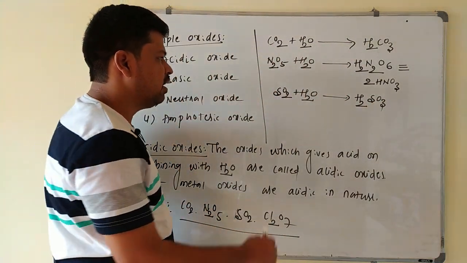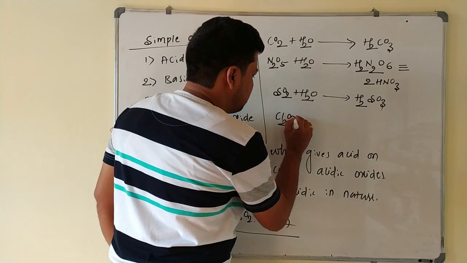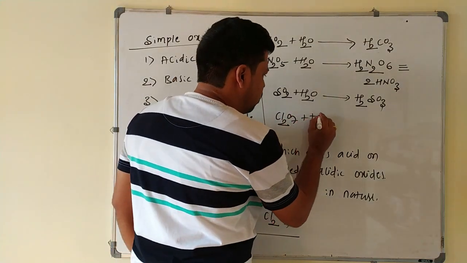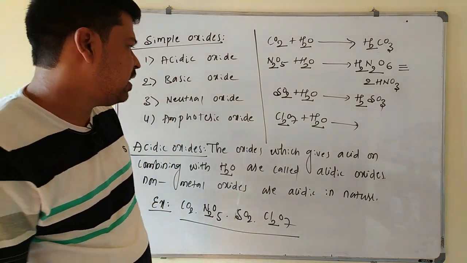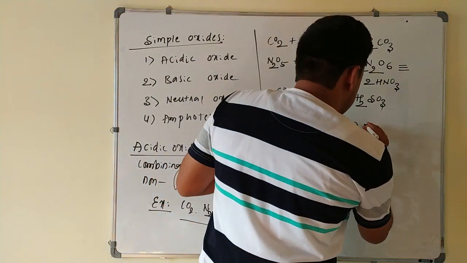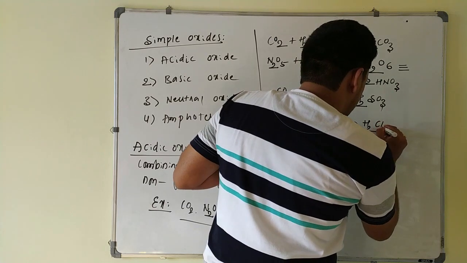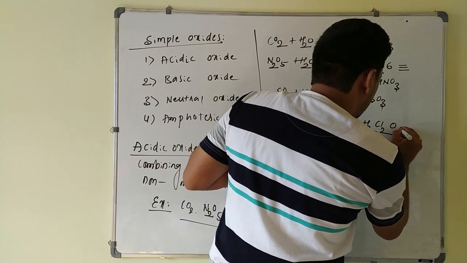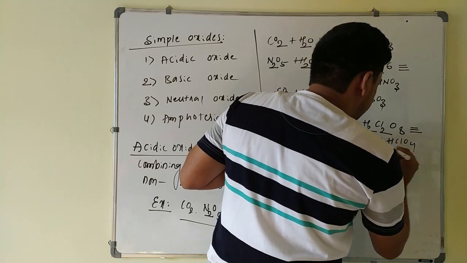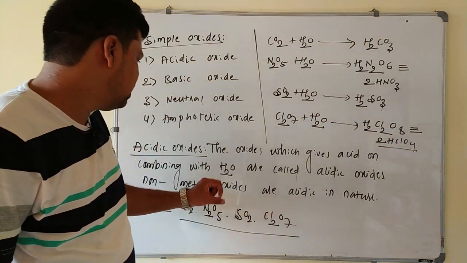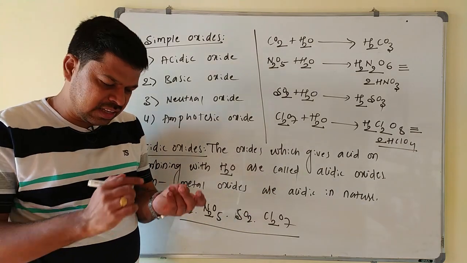Again you take Cl2O7, which gives H2Cl2O8, equivalently written as 2 times HClO4, perchloric acid. So these non-metal oxides are acidic in nature.